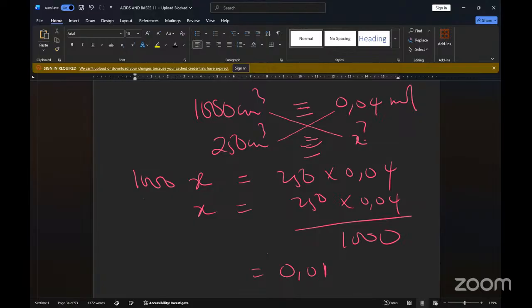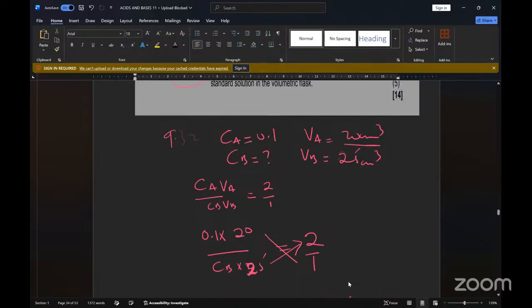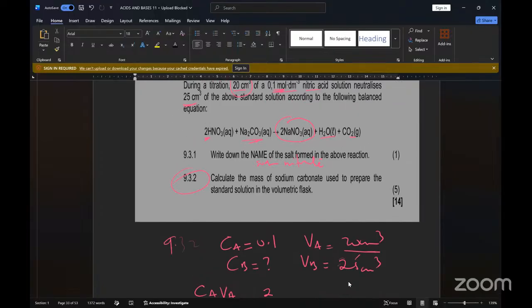This 0.01, by the way, is mole. But they are not interested in mole, they are interested in mass. So we have to calculate in terms of this.